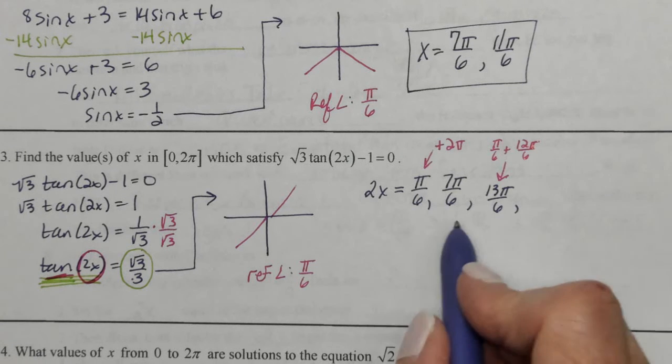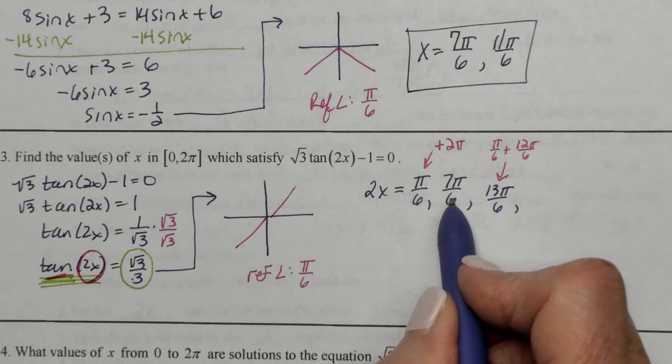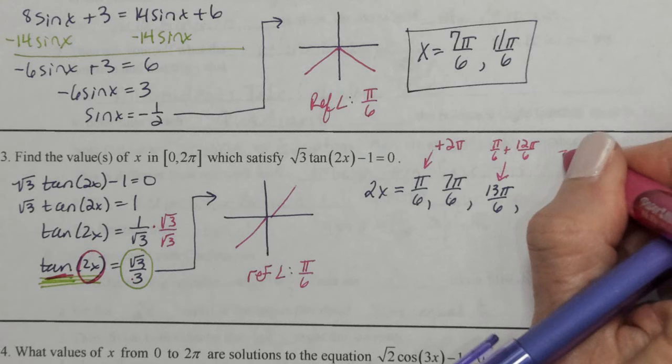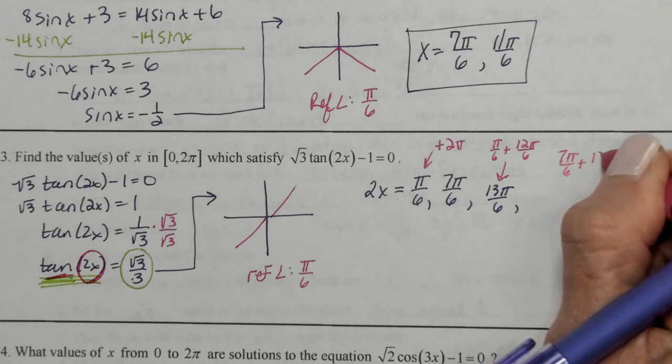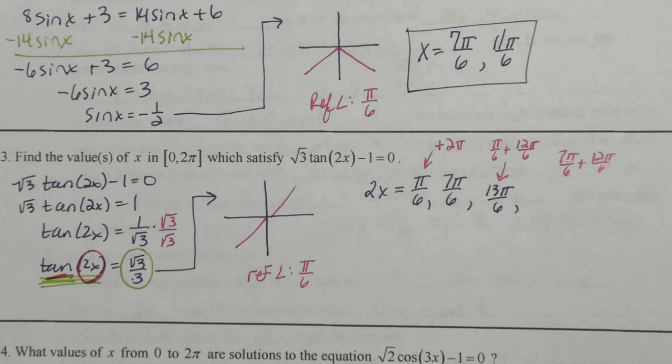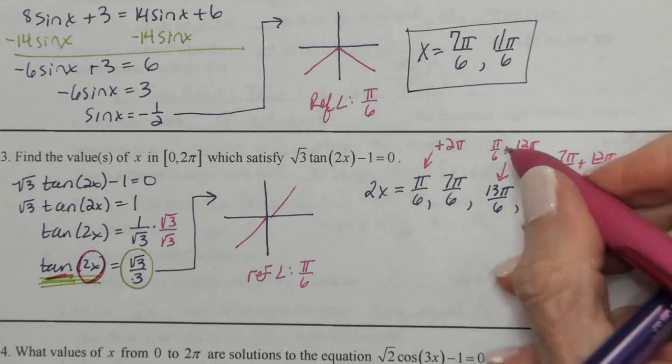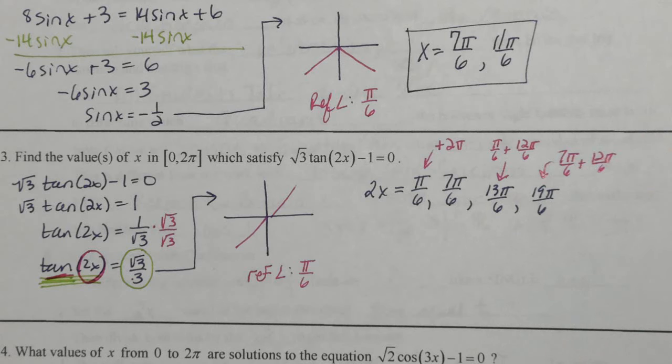One more. Take your 7 pi over 6 and add 12 pi over 6 to it. So 7 pi over 6 plus 12 pi over 6 will give me 19 pi over 6, and that gives me that other value.